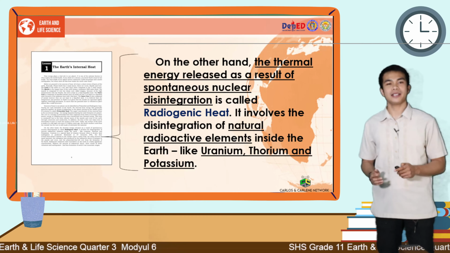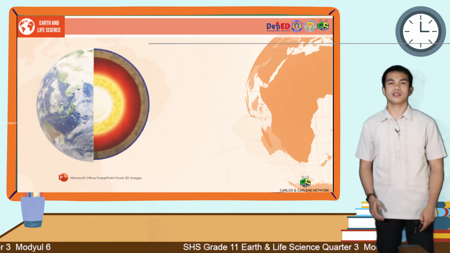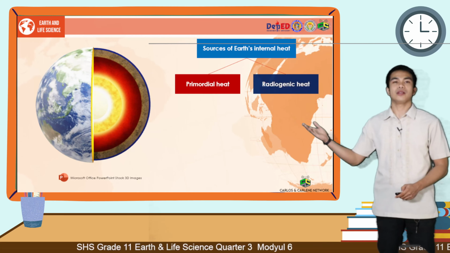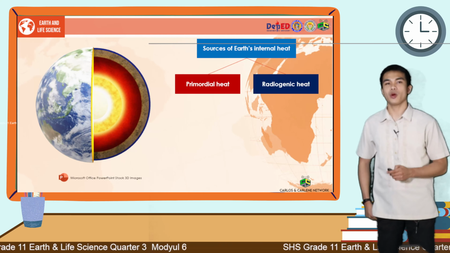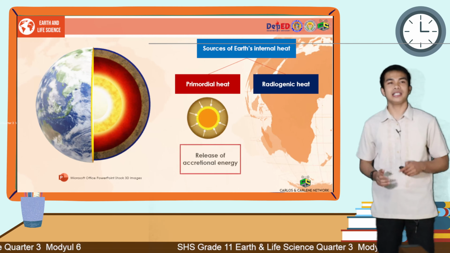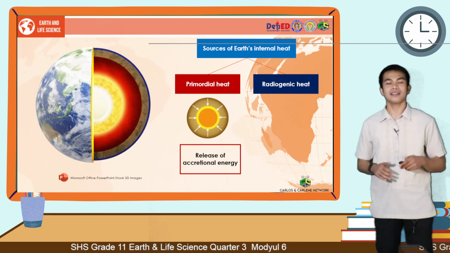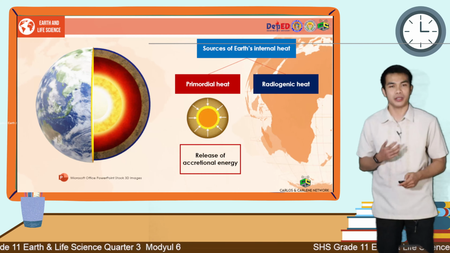To further understand the concept, let's take a look at this illustration. So I have here the model of the Earth, and we have 2 sources of internal heat. We have the primordial heat and radiogenic heat. Primordial heat involves the release of accretional energy. Accretional energy is the energy released during the early formation of the Earth.